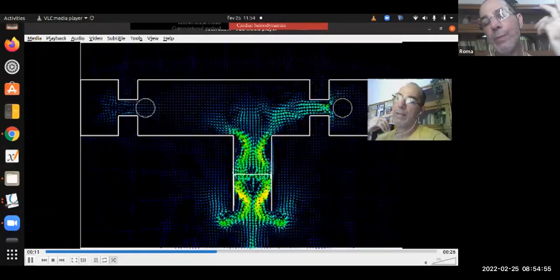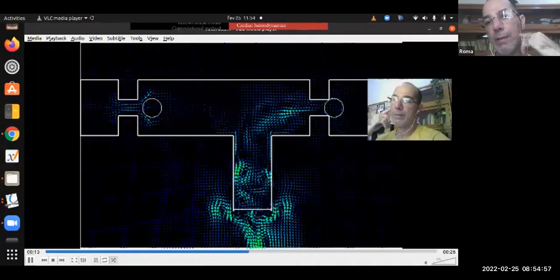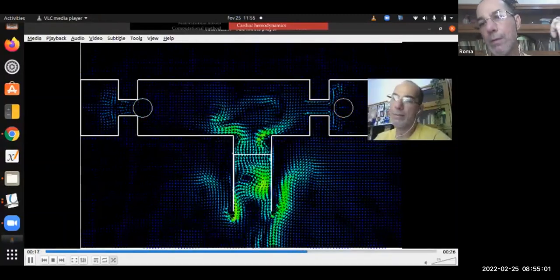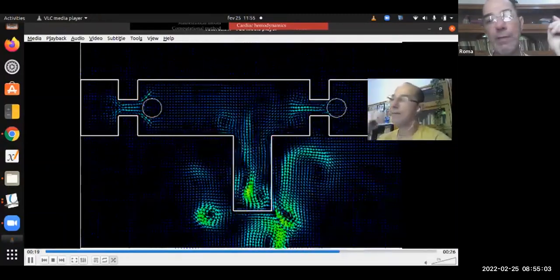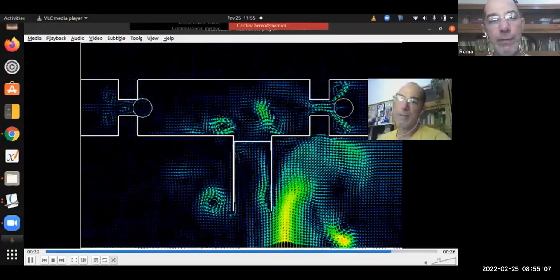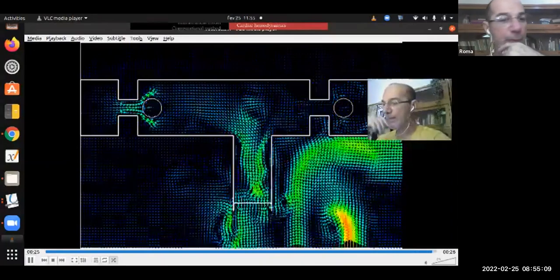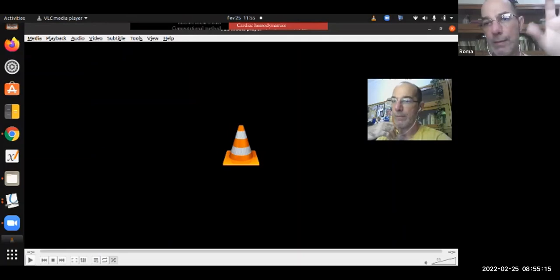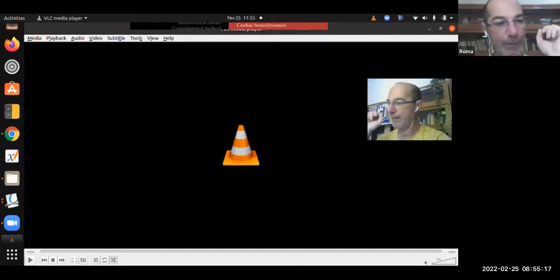At this point, we are studying the profile of the flow inside these chambers, right? These are two valves I have here, and this is a piston. Here you see, I don't remember exactly, probably the pressure field in this example, okay?